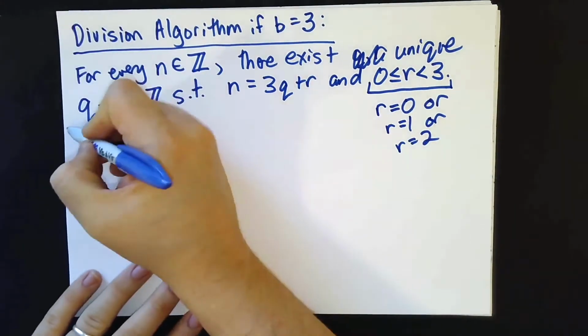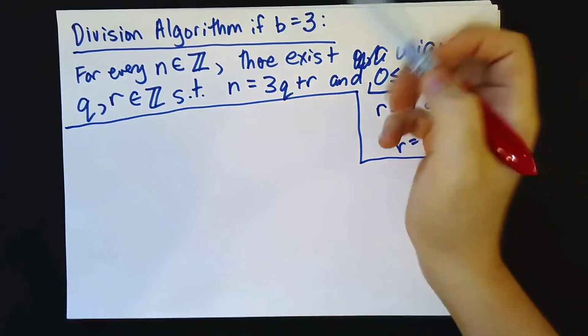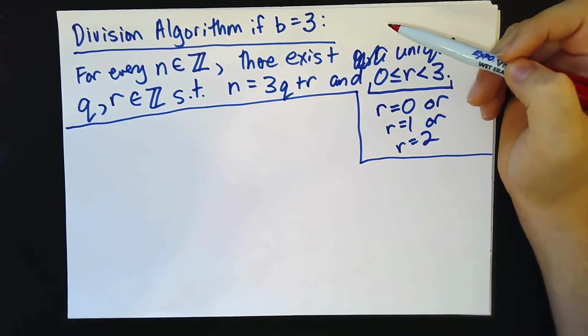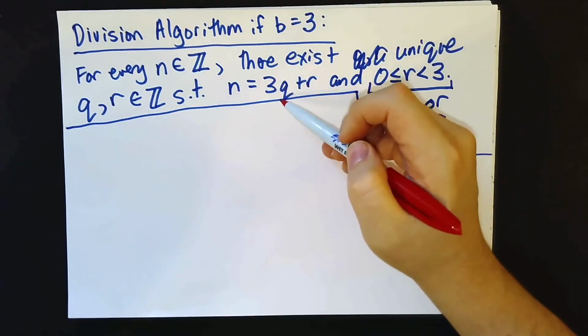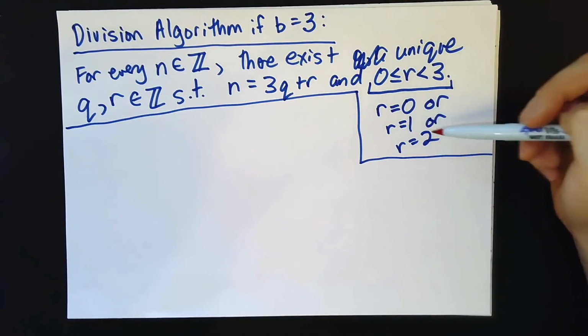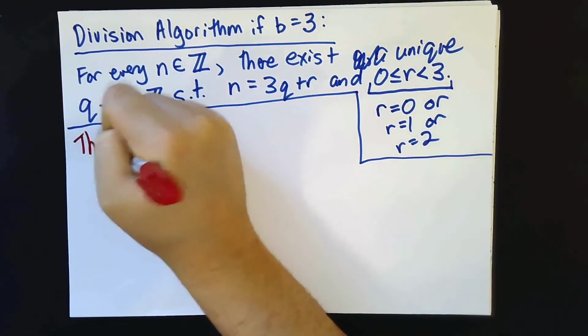So here's how I would really interpret this. I would really say that when it comes to dividing by 3, there are 3 flavors of integers. The ones that look like 3q, the ones that look like 3q plus 1, and the ones that look like 3q plus 2. Namely, these are the 3 flavors.